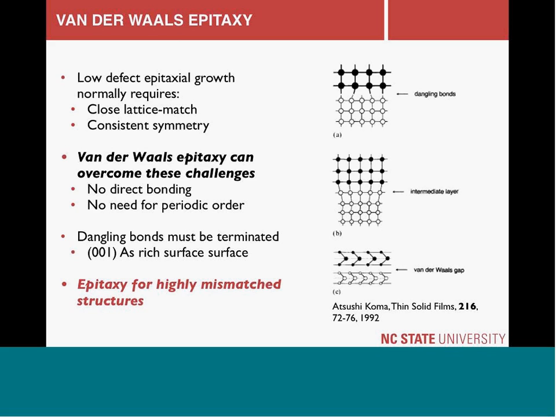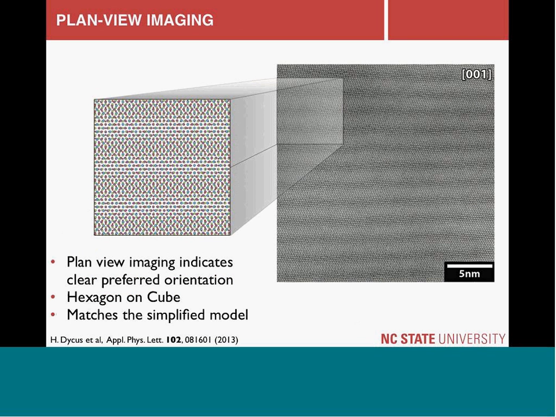So here are just some examples. Where you have a dangling bond, that's not going to be stable. All right, but a gap produces a nice interface. So look through the top of this film through the substrate. What we find is that we have that model, just that simple hexagon on cube. So this is an experimental HAADF STEM image.